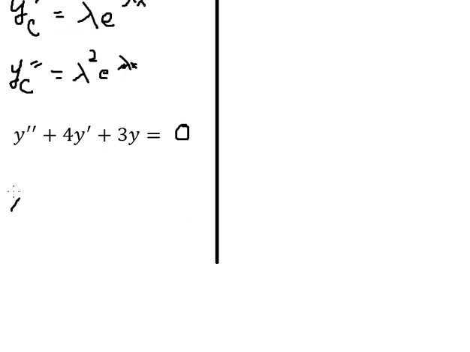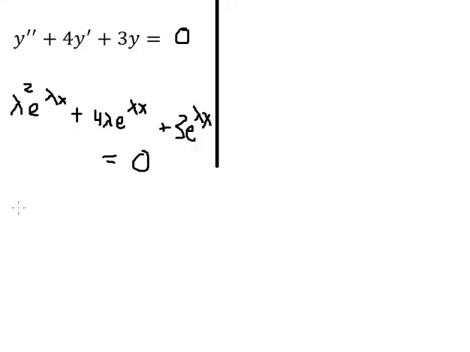So we have lambda squared e to the power of lambda s plus 4 lambda e to the power of lambda s plus 3 e to the power of lambda s equals 0. And now we have this one, and this one. We can do factorization.